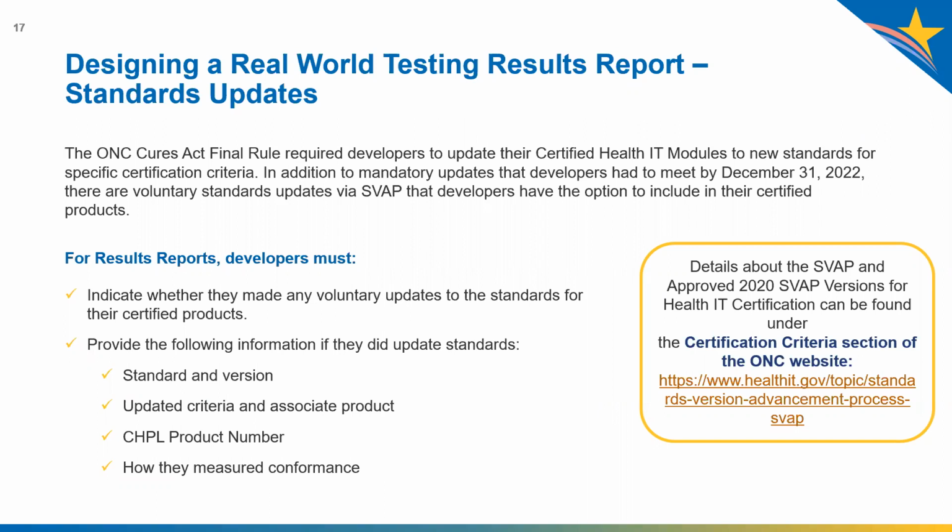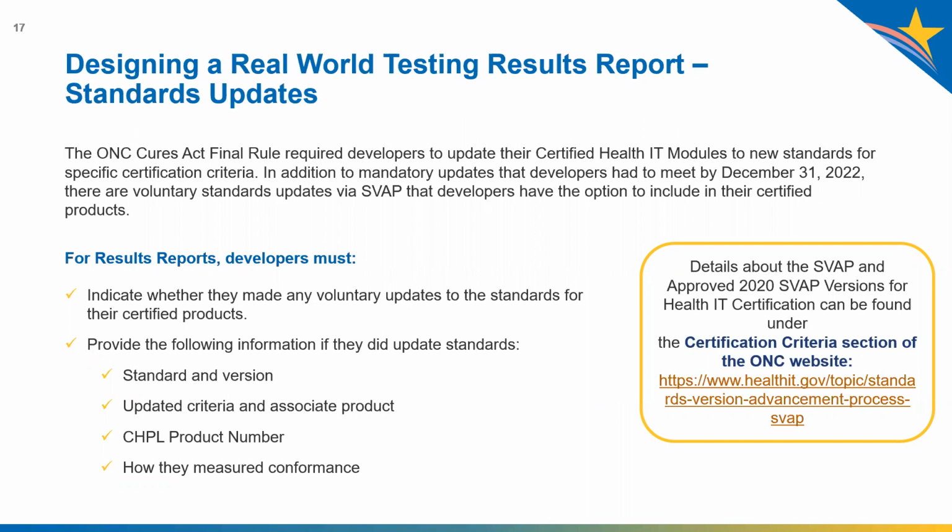So as an example here, you might have leveraged SVAP at a time that made you eligible for standards updates to be included in your real world testing plan this year for 2023.